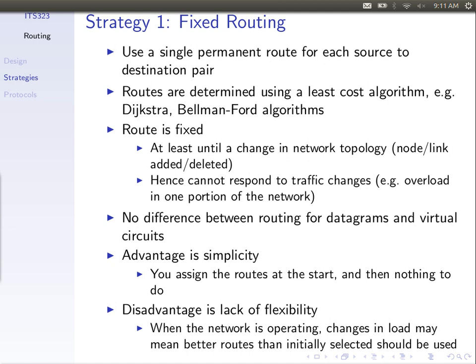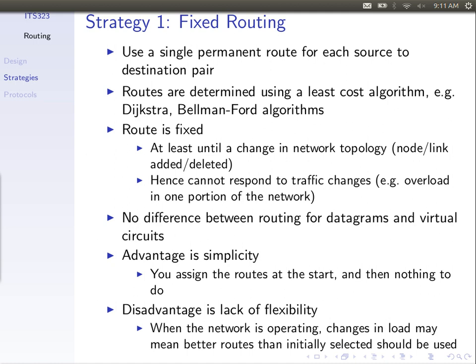It's simple. You just configure the routers, you configure the routes in the nodes at the start of the network, and nothing else to do. The packets, when they're sent through the network, the switches just look at the path information to determine where to send it.